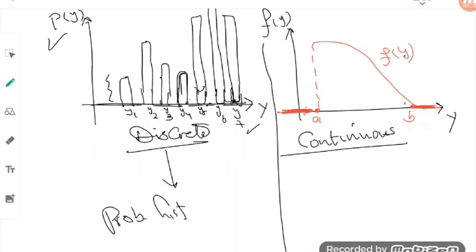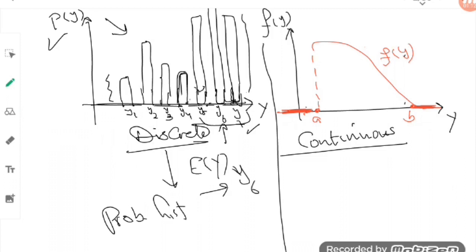If we look at this probability histogram, we'll find that the values y5, y6, and y7 are most represented by a higher probability, and the value y6 has the highest probability. So we can expect that the expected value of y will be very close to the value y6.